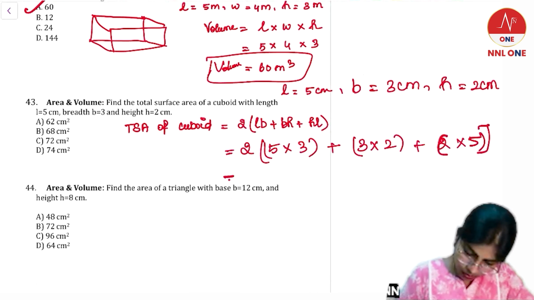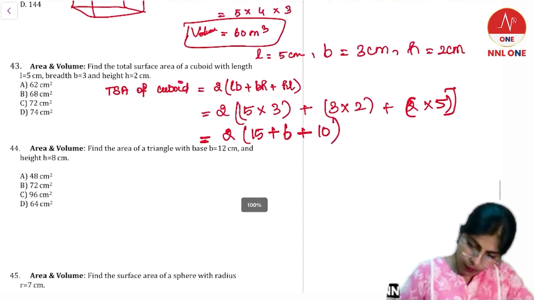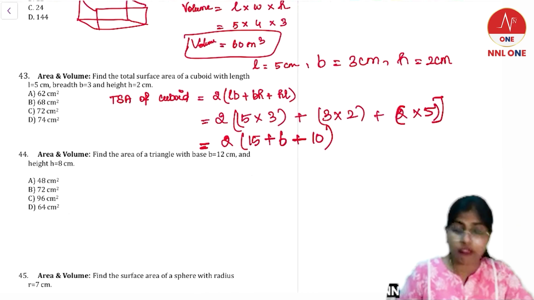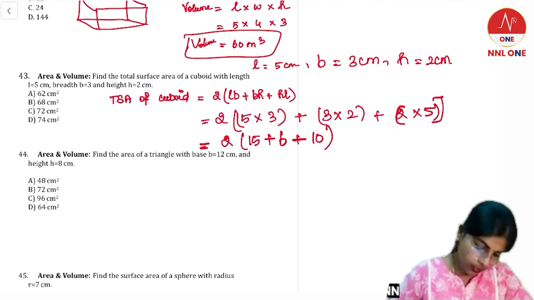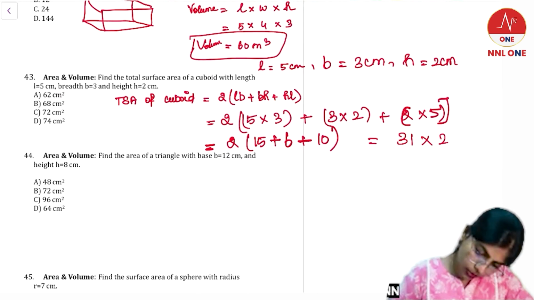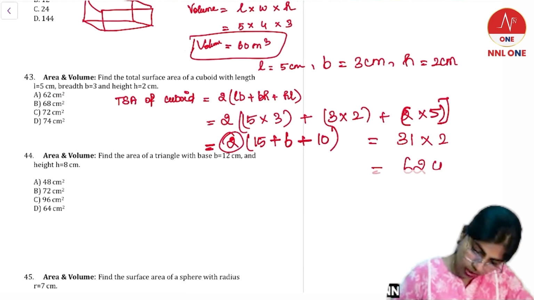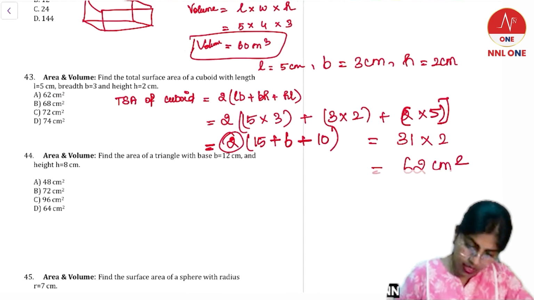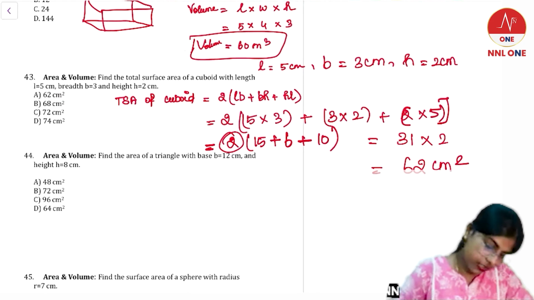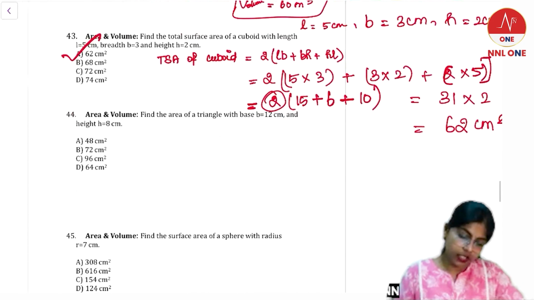Okay. 2 into 15 plus 3 into 2 is 6 plus 2 into 5 it is 10. 15 plus 10 it is 25. 25 plus 6 it is 31. 31 into 2, 62 centimeter square. Since it is asked the total surface area, it is square. Okay, 62 centimeter square.